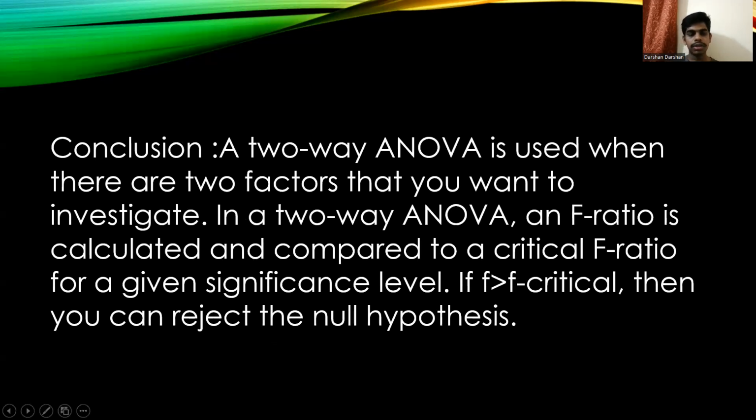So now the conclusion. As we have seen, the introduction with the definition, the interaction with an example, and the characteristics. A two-way ANOVA is used when there are two factors that you want to investigate. In a two-way ANOVA, an F ratio is calculated and compared to a critical F ratio for a given significance level.